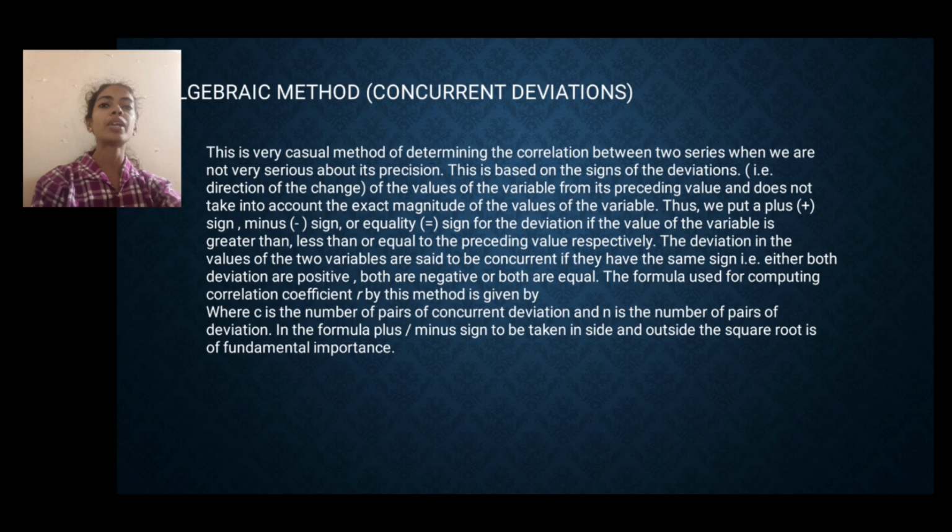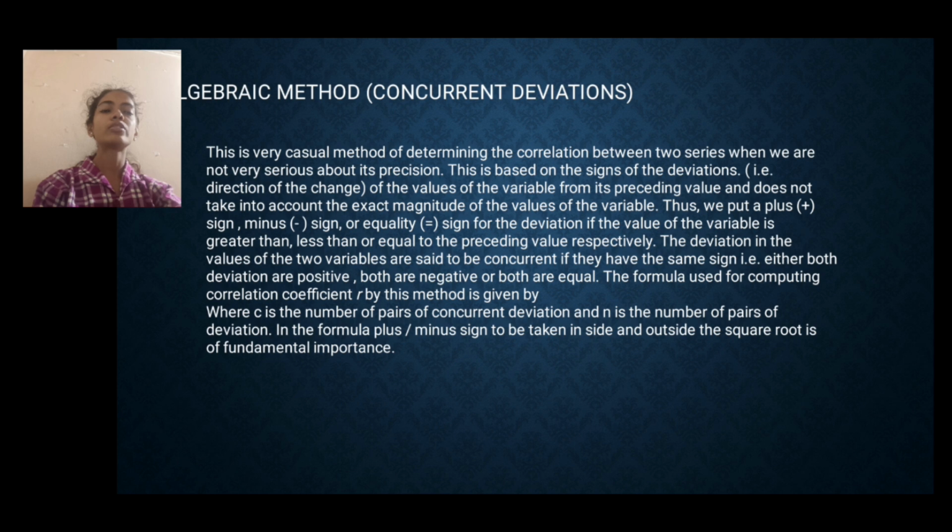Thus, we put the plus sign, minus sign, or equal sign for the deviation if the value of the variable is greater than, lesser than, or equal to the preceding value respectively. The deviations in the values of two variables are said to be concurrent if they have the same sign: either both deviations are positive, both are negative, or both are equal.